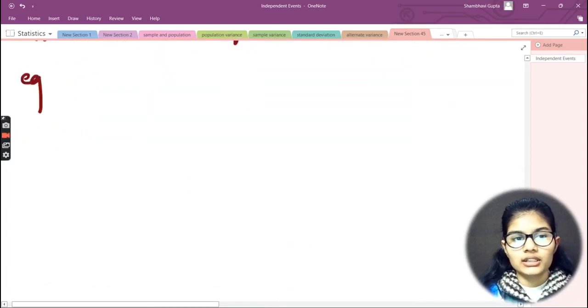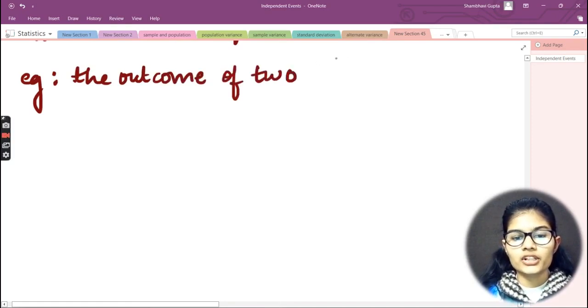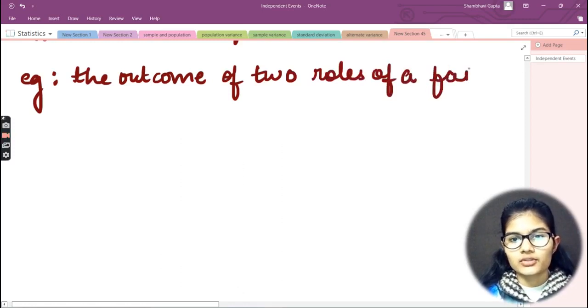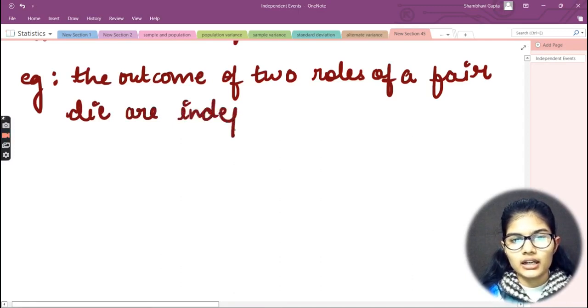So let's take up an example that the outcomes of two rolls of a fair die are independent events.